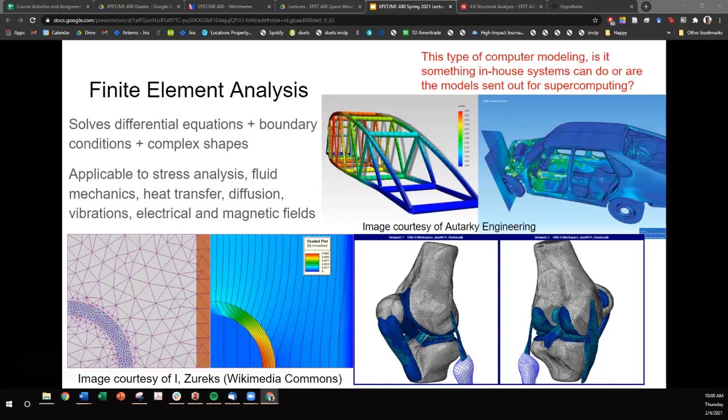Oh, and then the question: this type of computer modeling, is it something in-house systems can do, or are models sent out for supercomputing? So the structural lab has you downloading software on your own computer and doing the analysis on your personal computer.